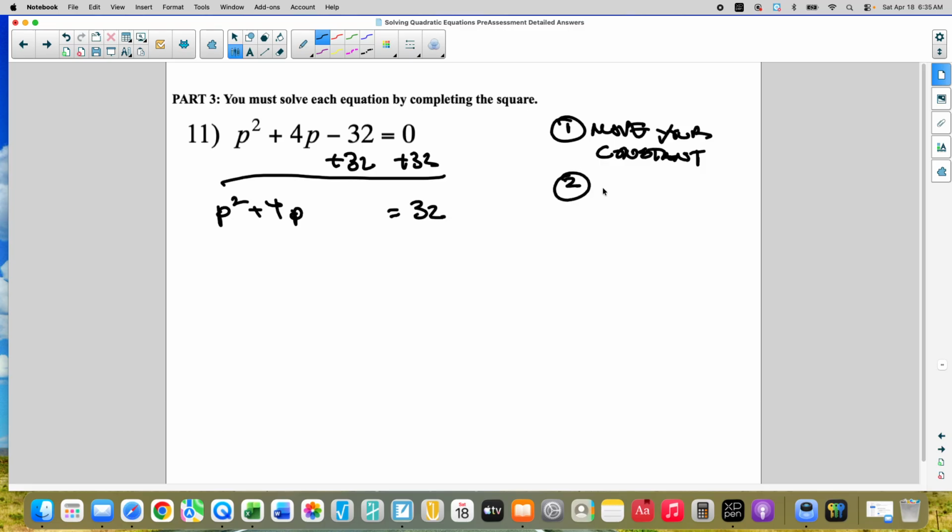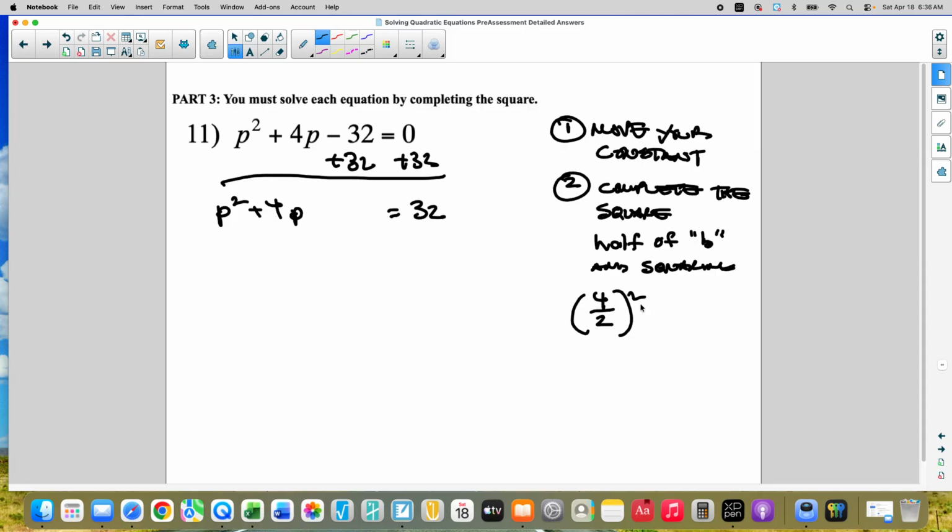Step 2 is take half. You're going to complete the square, and you complete the square by taking half of your b value and then squaring. So half of your b value is 4 divided by 2, and then square that value.